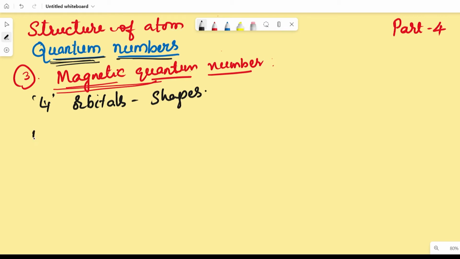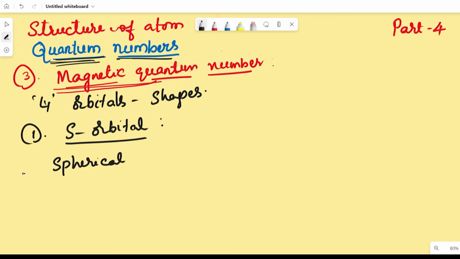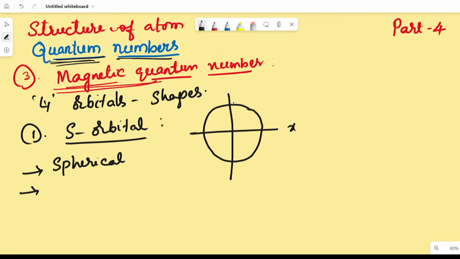The first one is called the s orbital. The s orbital is spherical in shape. Very important points, friends, it is better to write down notes. Spherical means this is the spherical shape, with the x axis, y axis and z axis.